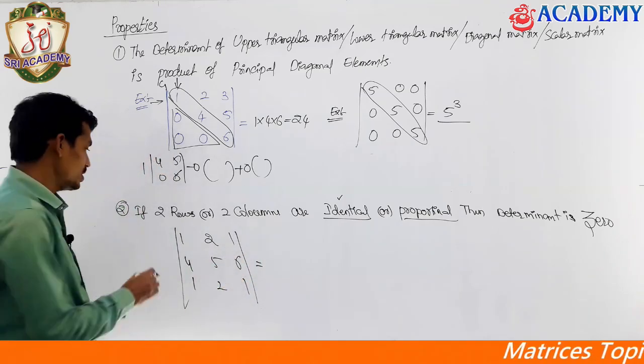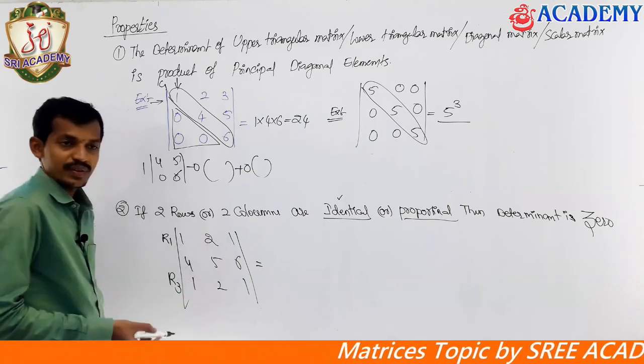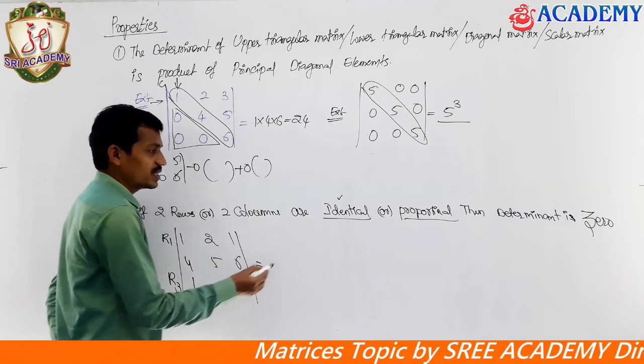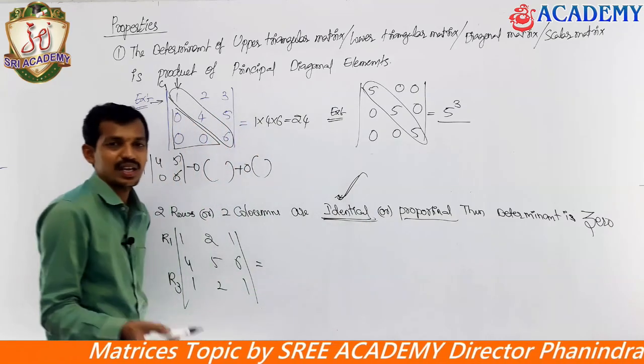Here this is row number 1 and this is row number 3. 1 2 1 is there, 1 2 1 is there, that is the meaning of identical. Identical means same values, same numbers.